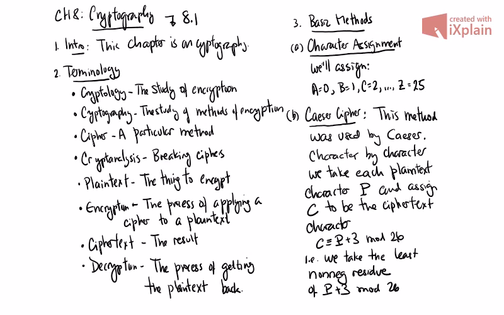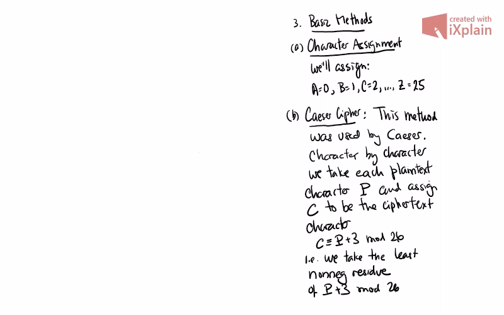So let me go through a really, really simple example. Let's encrypt, say, the word Leibniz. This is with the Caesar cipher.